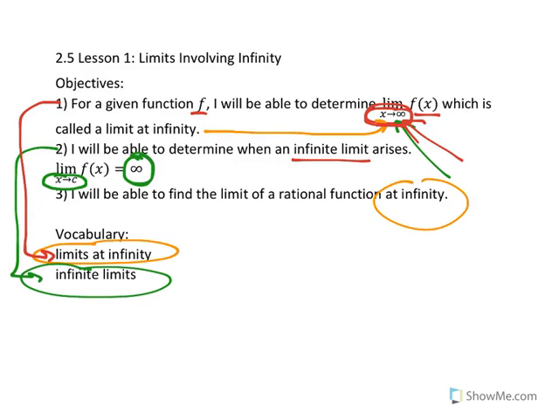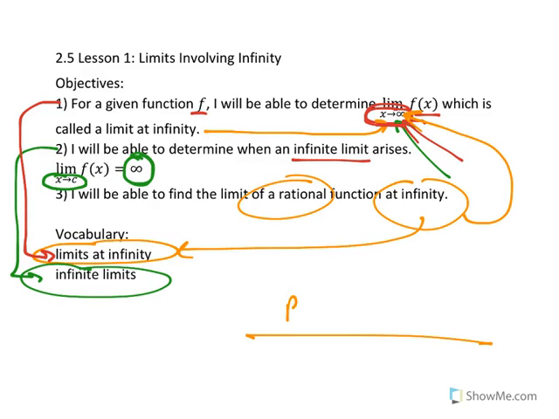So at infinity means, again, like objective 1, the input values are going to infinity. What's a rational function? It's a ratio of polynomial functions. So you'll have a polynomial function in the numerator, and then you'll have another polynomial function in the denominator, and that makes a rational function.